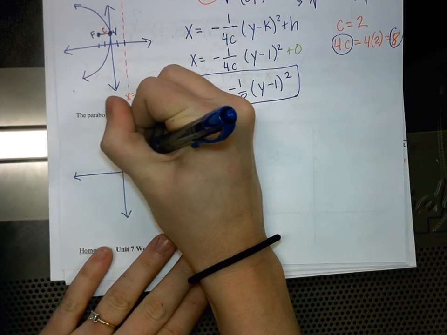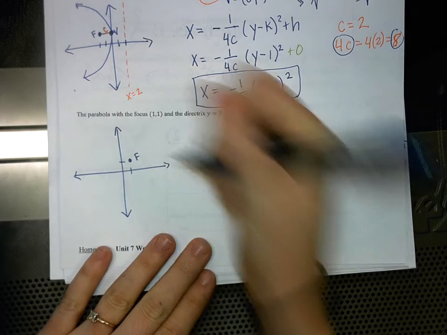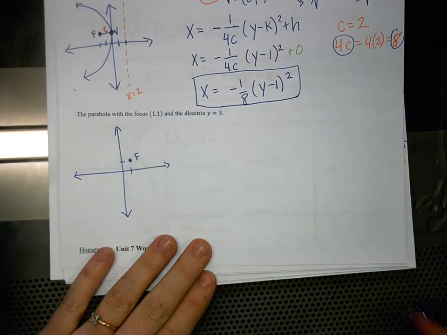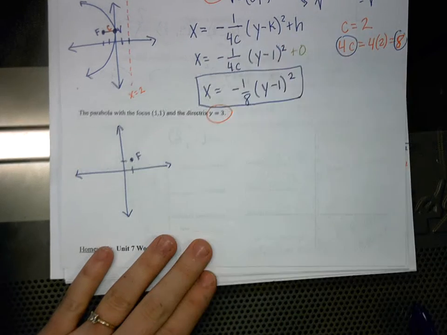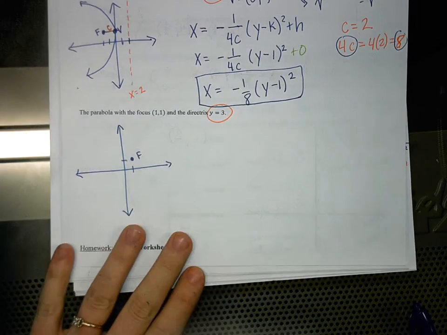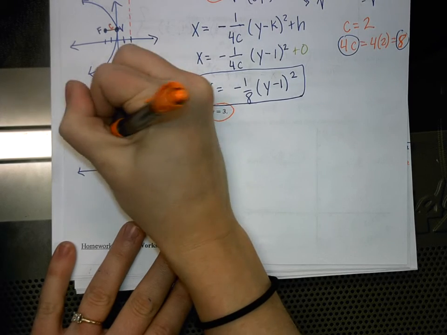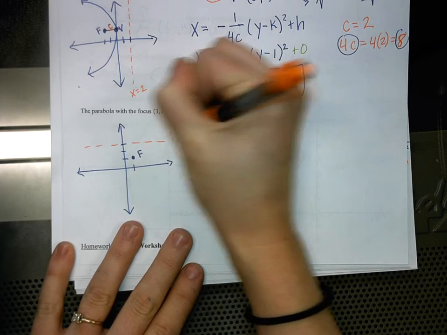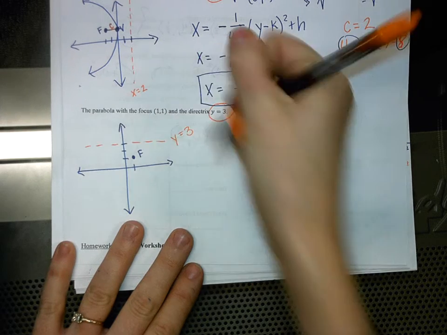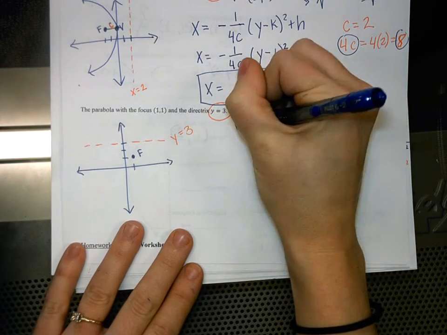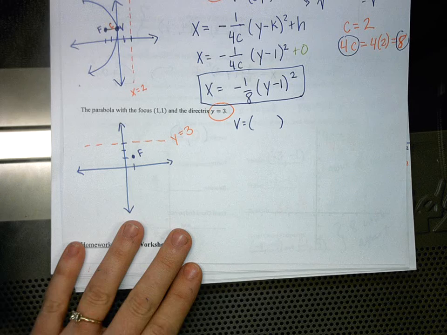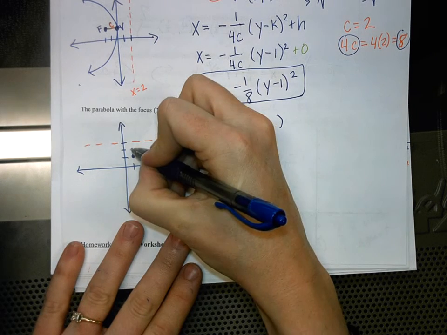Over 1, up 1 to plot the focus. The directrix, is this horizontal or vertical? Horizontal. Horizontal at y equals 3. Where is the vertex? Good.